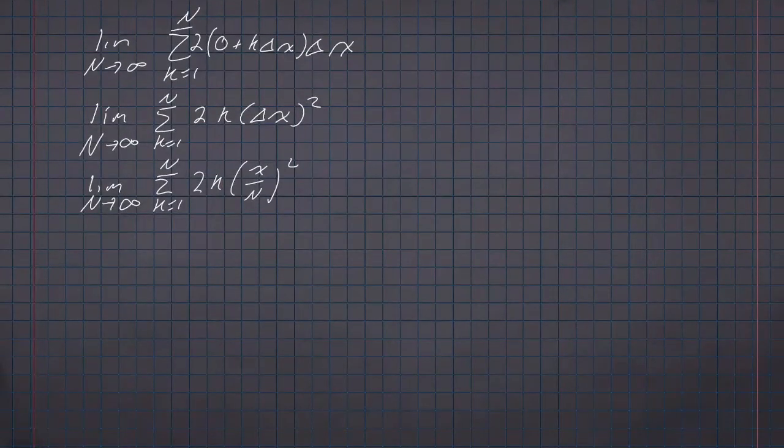At this point, we notice that 2x and n are all constant with respect to k, so we can factor them out of the summation. So we have 2x squared over n squared times the sum, k goes from 1 to n of k.